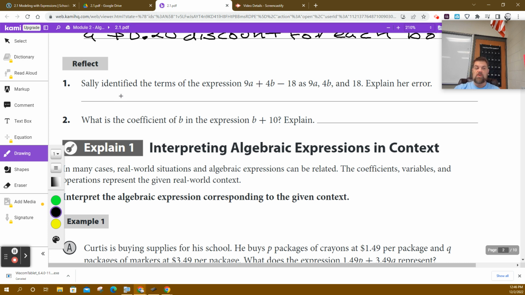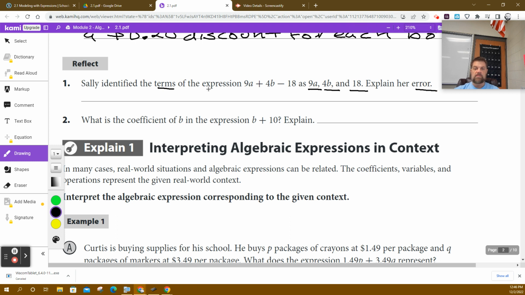Let's do the reflection real quick. It says, Sally identified the terms in the expression 9a plus 4b minus 18. And they say 9a, 4b, and 18, she identified as the terms, but it says she made an error.